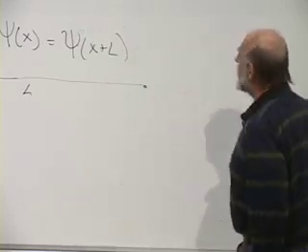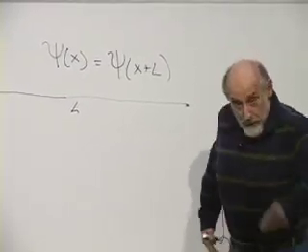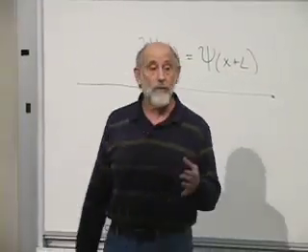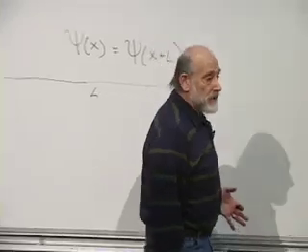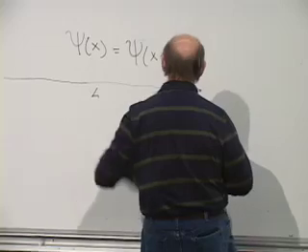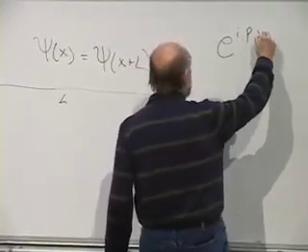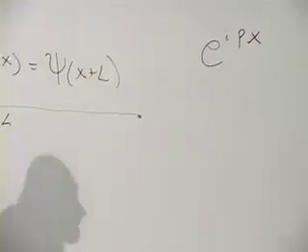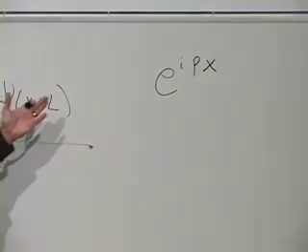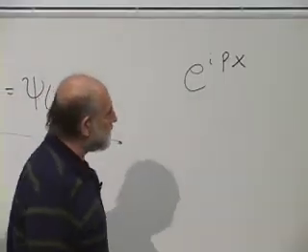Now, since psi of x has to be equal to psi of x plus L, that has, as was pointed out a moment ago, implications for the spectrum of momentum, for the possible eigenvalues of momentum. Remember, the wave functions for a momentum eigenstate are e to the i px over h bar.